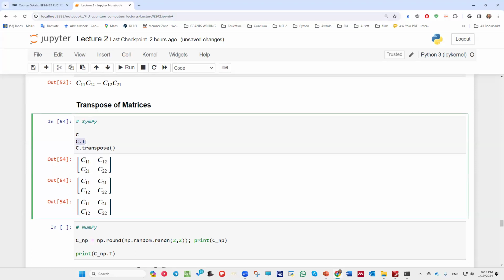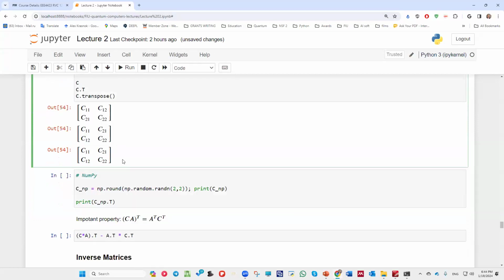The transposed version of the matrix is the rotation over the main diagonal. So these two off-diagonal elements exchange. And there are two ways to find the transpose. You can simply type .T with a capital T or .transpose. This is just a matter of what you like.